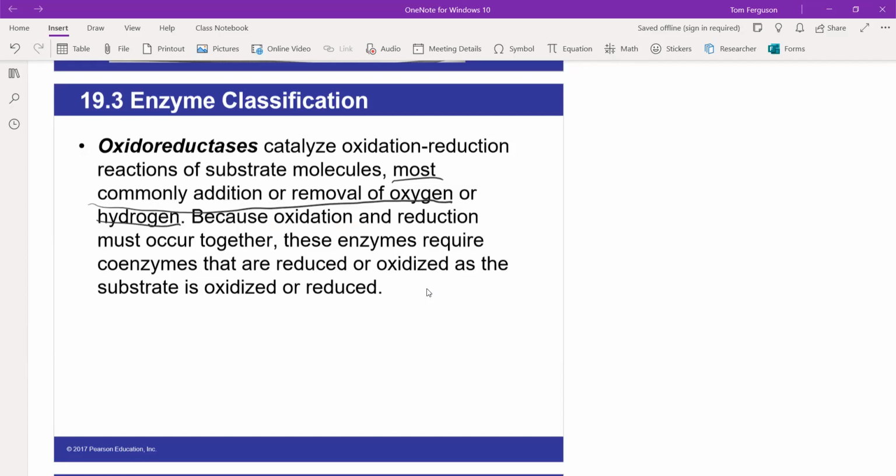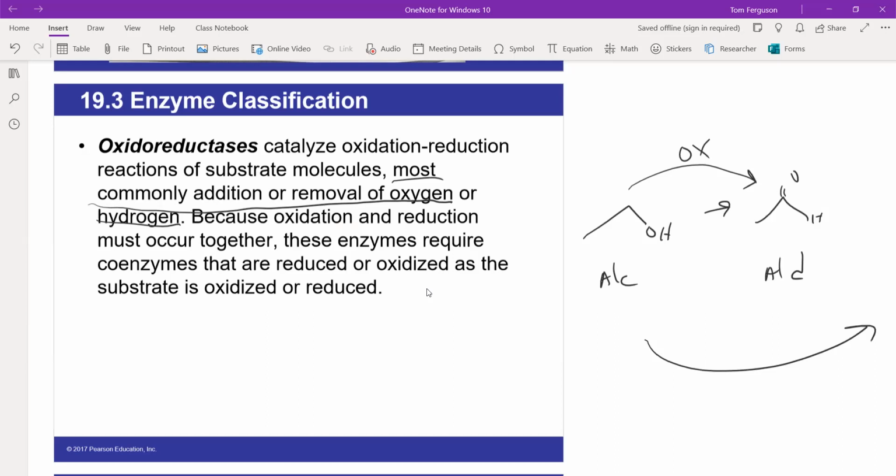Now, because it's an oxidation reduction reaction, if something's being oxidized, like that ethanol going to an aldehyde, if this is being oxidized, we have to have something being reduced at the very same time.